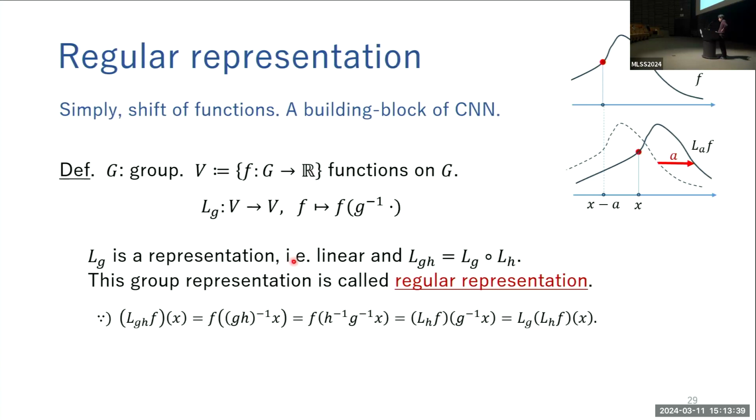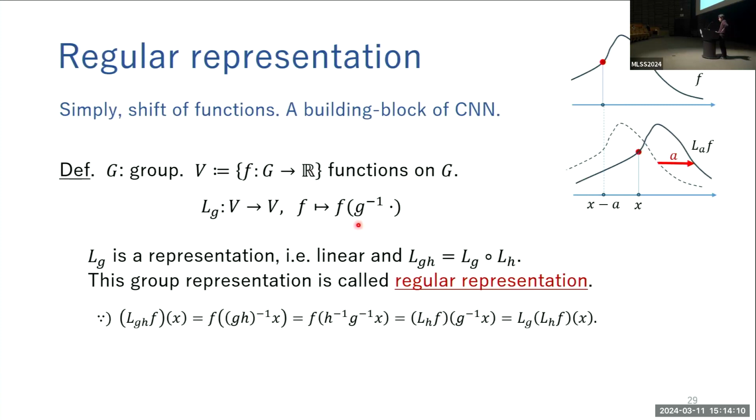But this inversion of g naturally appears if we consider shifting the function f. If we shift the function by a in this case, and we want to evaluate the value of the shifted function at location x, then we should look at the value of the original function at x minus a, right?